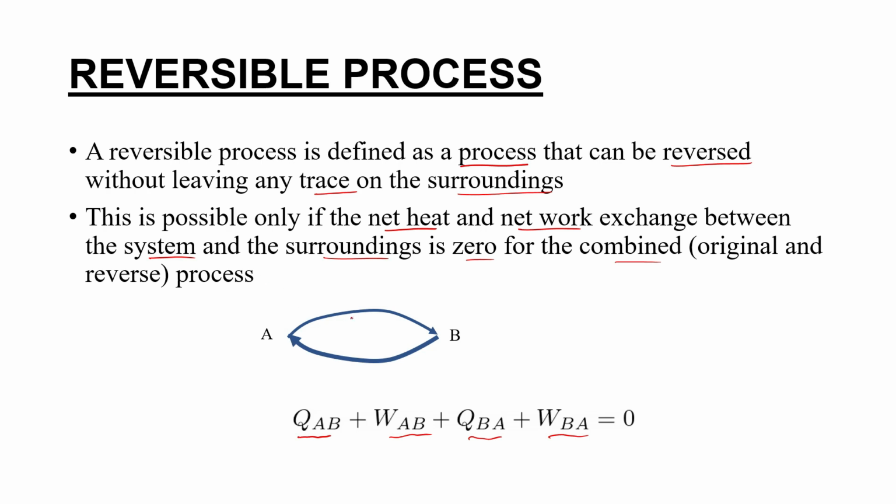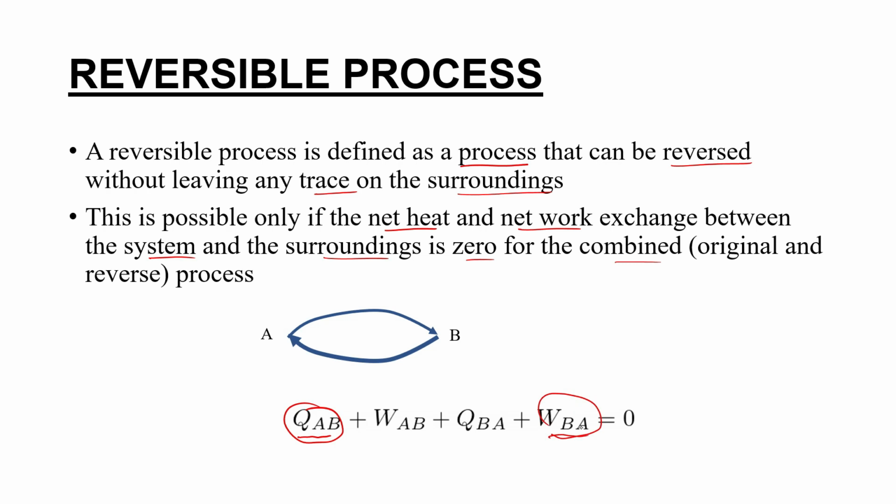Whatever heat is exchanged during the process AB, that is QAB, and you may have a work exchange in AB, that is WAB, and the heat exchange in BA is QBA, and here it is WBA.